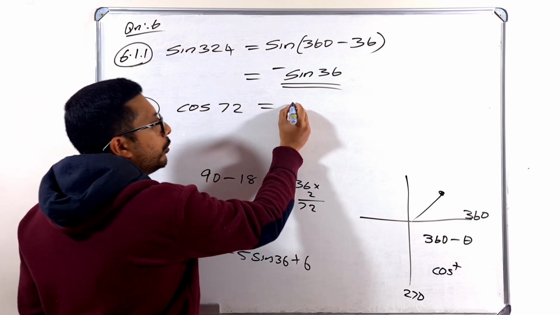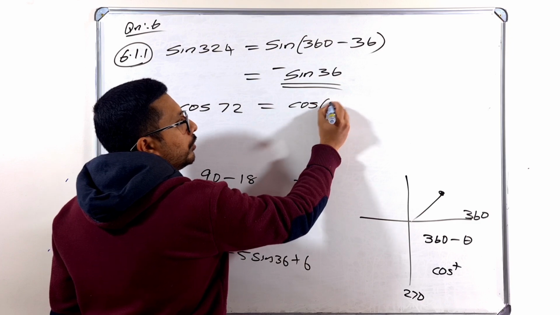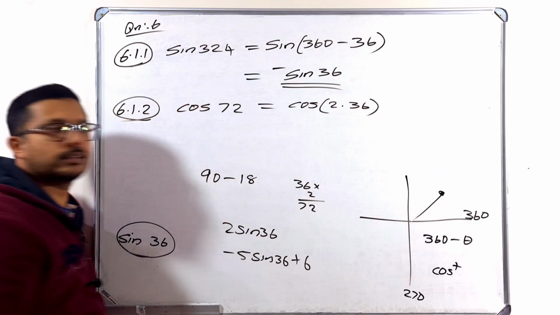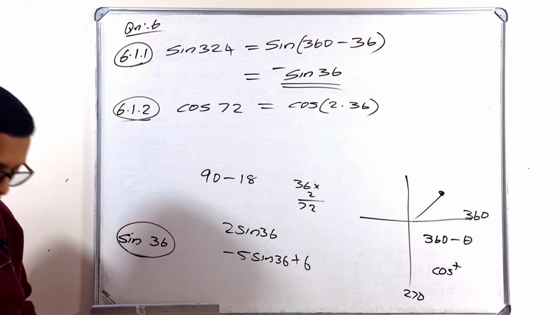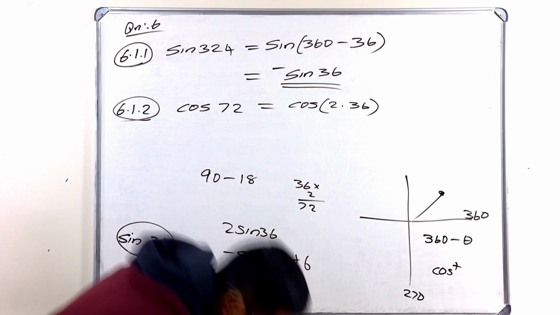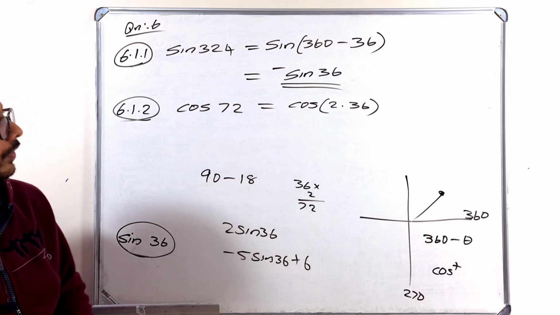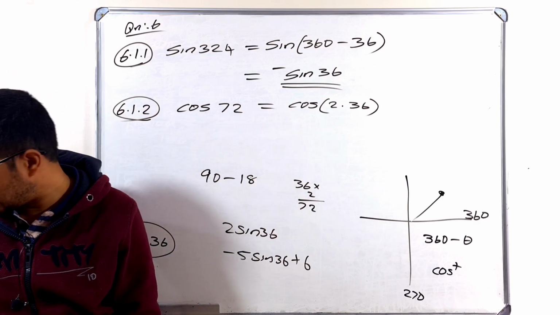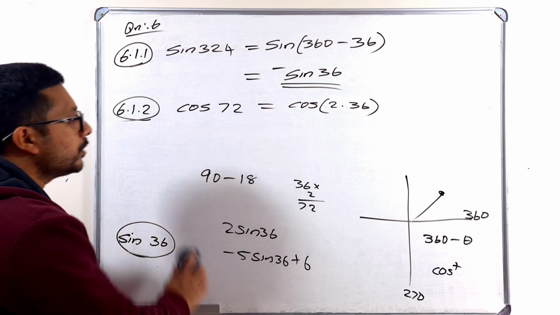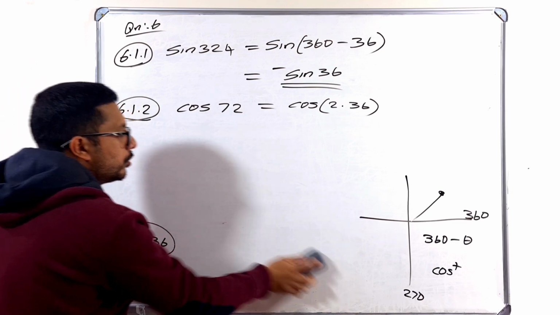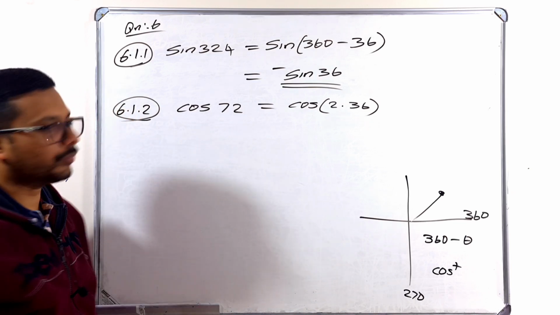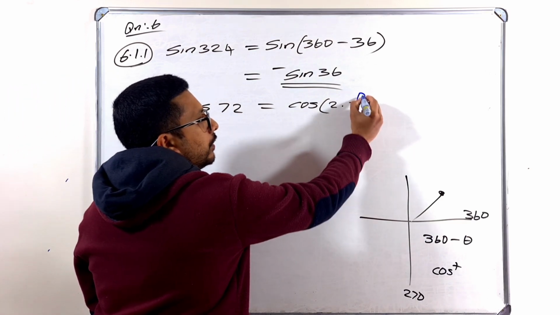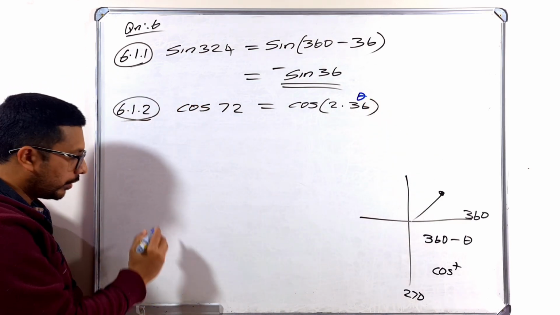That means this 72 is the double of 36. So look at how I am going to write. Cos of 2 times 36. 2 times 36 is 72. So 72 we can write as 2 times 36. Now you know this 2 times theta, cos 2 theta. If I call this 36 as theta, how are you going to read that?